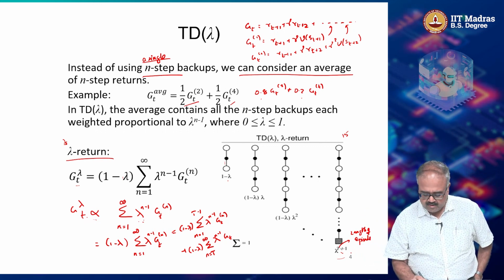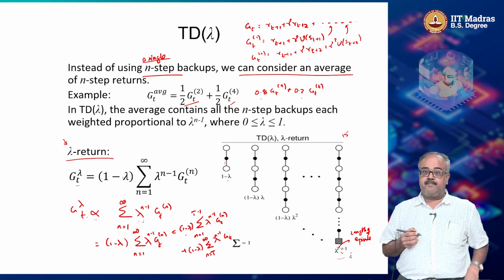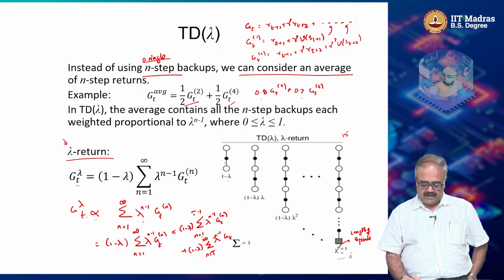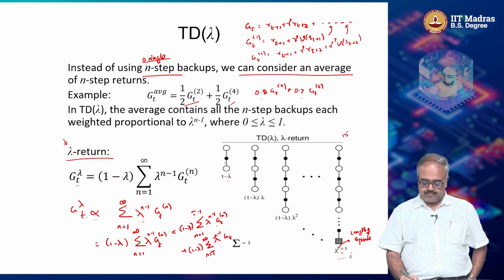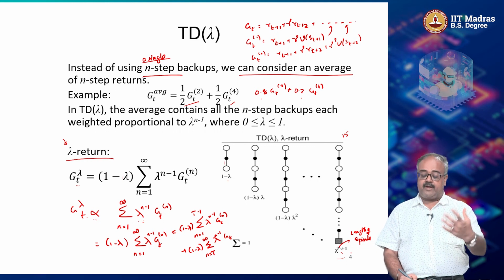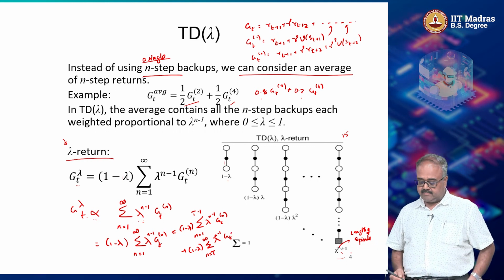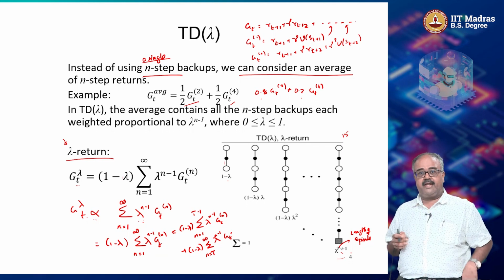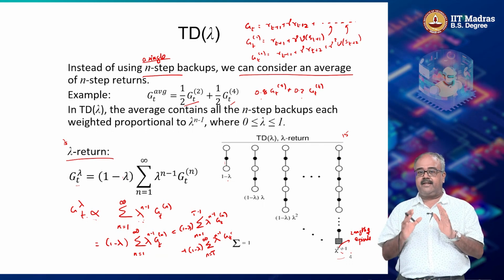Suppose it is an episodic task and the episode ends at capital T, I can write it like this. This goes from n equal 1 to t minus 1 lambda power n minus 1 into GTN, and from n equal to t onwards, because at t the episode ended, I actually get the true return. It is no longer the n step return or anything, it is actually GT.